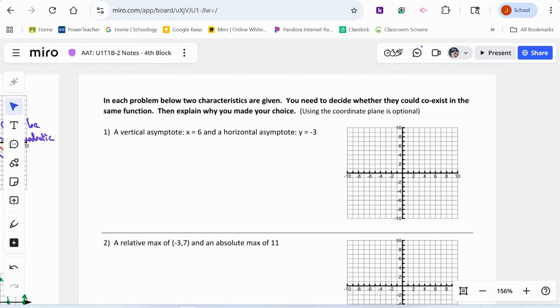And there'll be one question on the test like these, where we're going to give you 2 characteristics. What we want you to do is think about the parents, the function families, the children that you just looked at, and think about, can I think of one of those families where these characteristics could coexist?